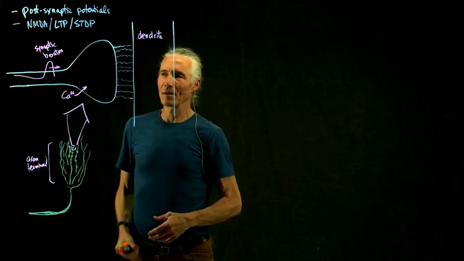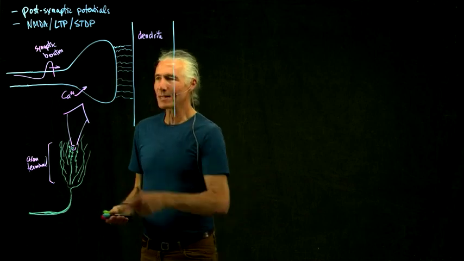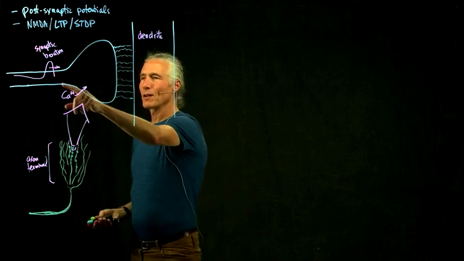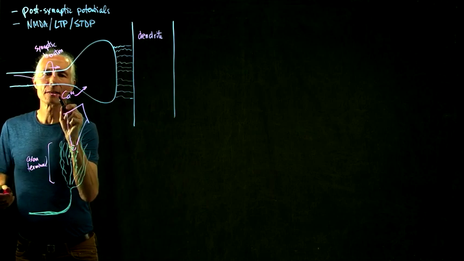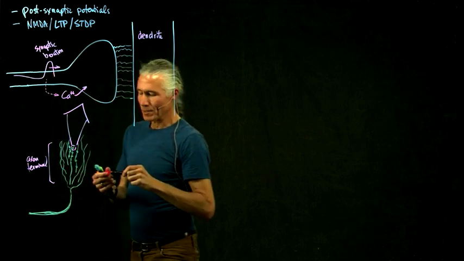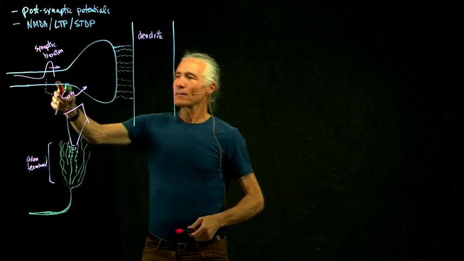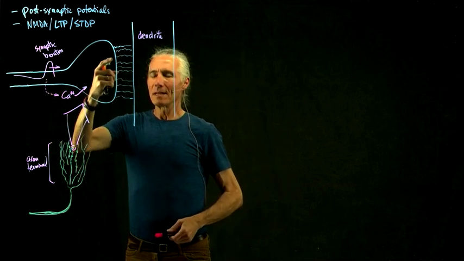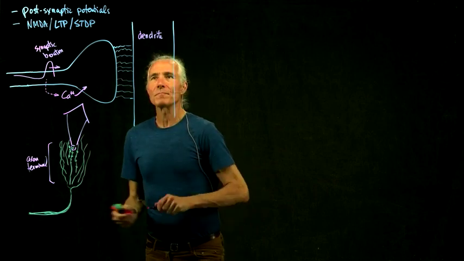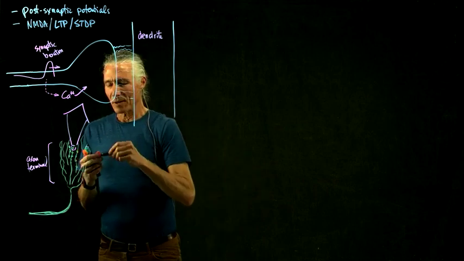But this calcium here has to do with how the spike essentially causes neurotransmitter release. The voltage change of the spike causes some calcium to rush in. That then causes some neurotransmitter to be released.